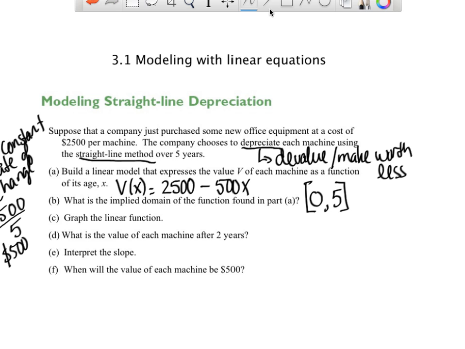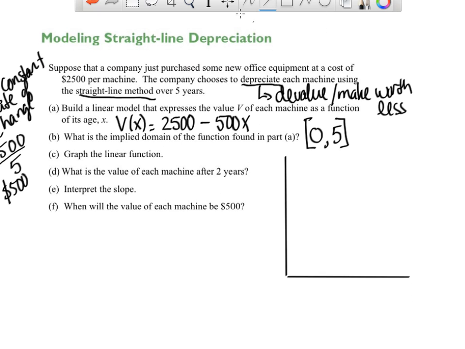Alright, graph the linear function. Okay, so this one's fairly straightforward. They're not always that easy, so let me pick sort of an easy example. But let's see, 2,500, so 500, 1,000, 1,500, 2,000, 2,500.